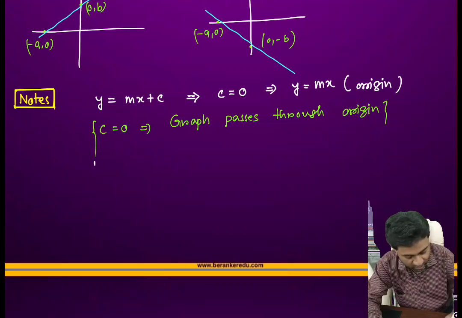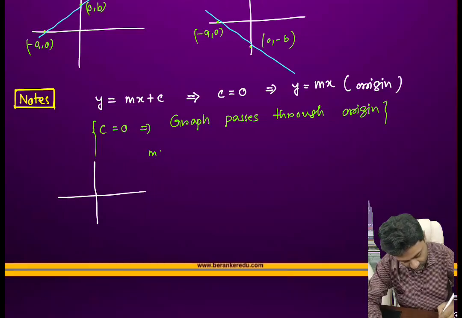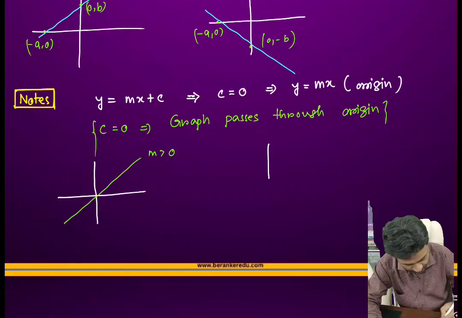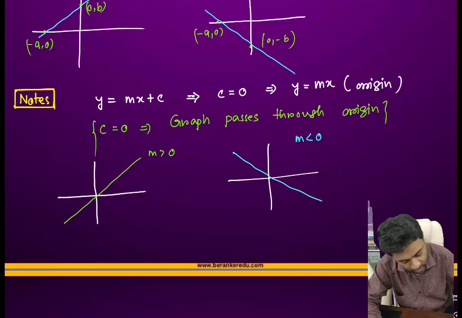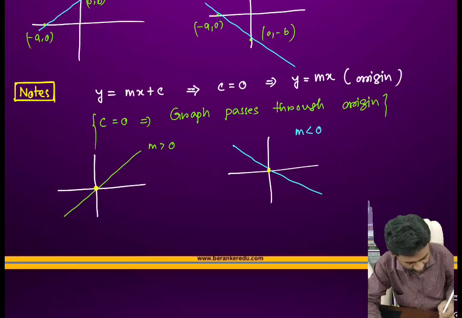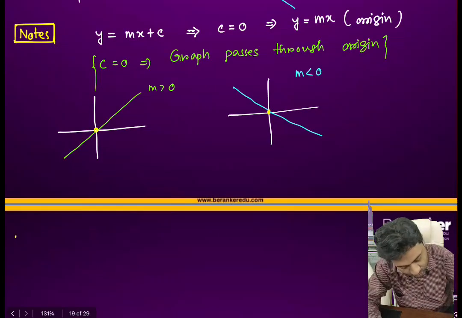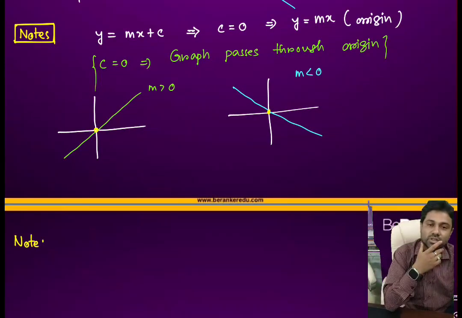You have to remember this line. Of course, it may take different forms depending on m. If m is positive, the graph will have a positive slope like that. If m is negative, the graph will have a negative slope like that. But in either case, it will pass through the origin because c is 0.